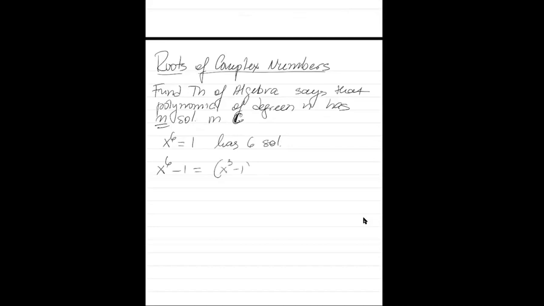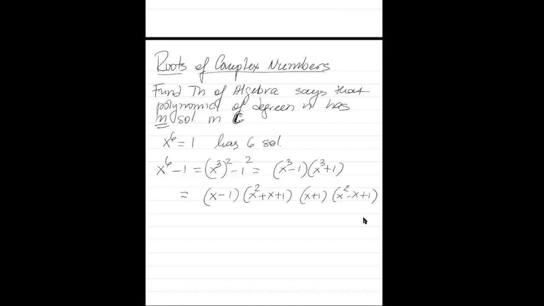I can write it as x to the third squared minus 1 squared, a difference of two squares: x to the third minus 1 times x to the third plus 1. And then continue to factor. This is a special formula as well: x minus 1, x squared plus x plus 1, x plus 1, x squared minus x plus 1.